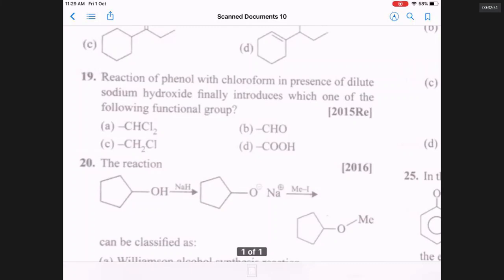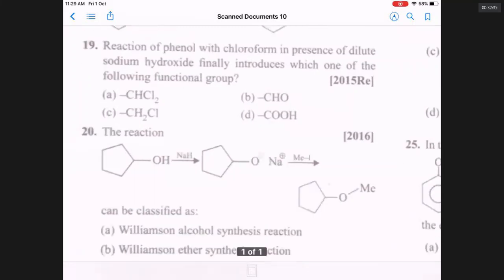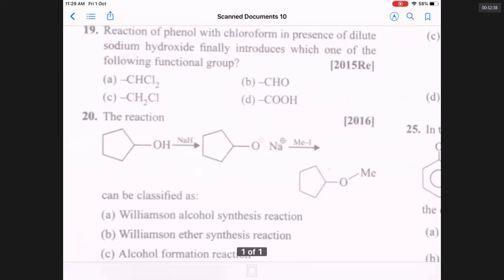Therefore, question number 20. In question number 20, you are reacting an alcohol with sodium or sodium hydride, and the alcohol becomes sodium alkoxide. When the sodium alkoxide reacts with methyl iodide, an alkyl halide reacting with sodium alkoxide, this is a Williamson synthesis, and you are getting an ether.